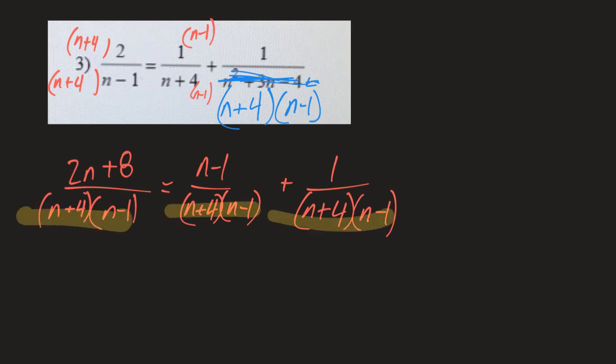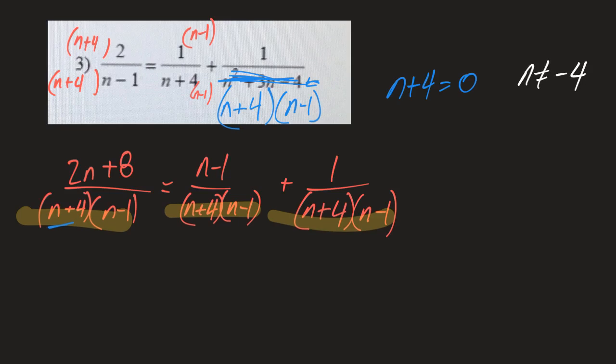Great. You'll see now, look, all of our denominators match, and we're ready to go to the next step. Okay, so we've got these matching denominators. Before I cancel or do anything, let's state our excluded values. Okay, so here we go. I've got n plus 4. Let's solve that. n plus 4 equals 0. You should be able to get this as being n does not equal negative 4.